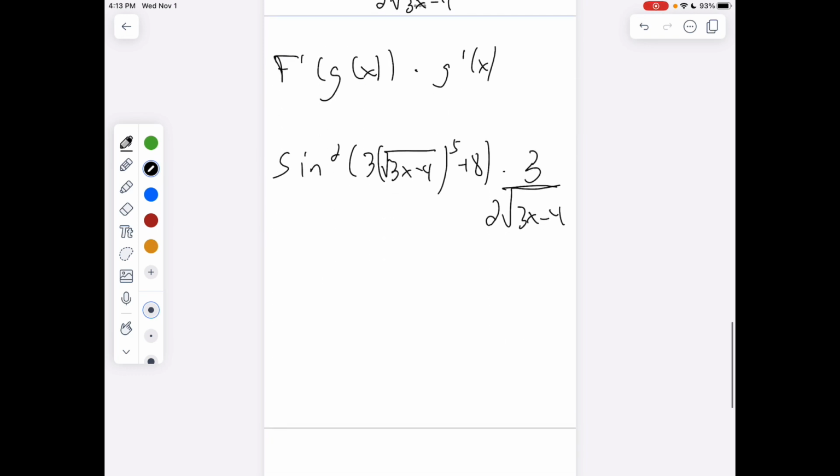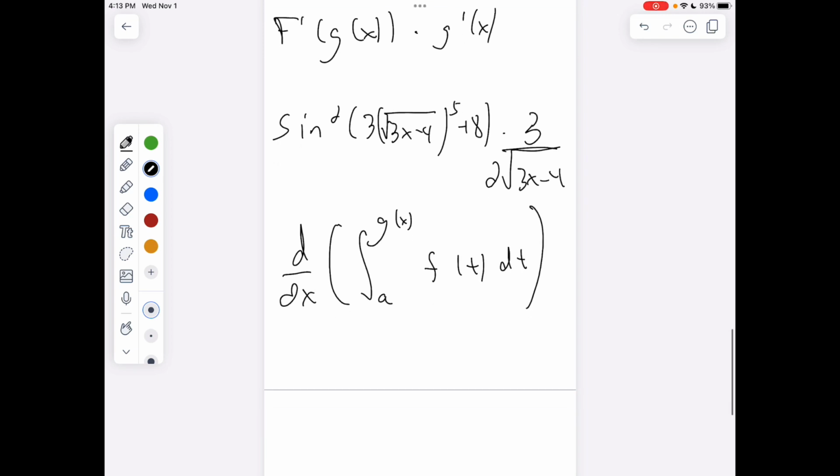In general, when you are taking the derivative of an integral which has a number as the lower limit and a function g of x on top, with f continuous around a, the derivative is equal to f of g of x times g prime of x. Basically, this is just what we did a minute ago, applying it and abstracting that idea. All right, thanks for your time.